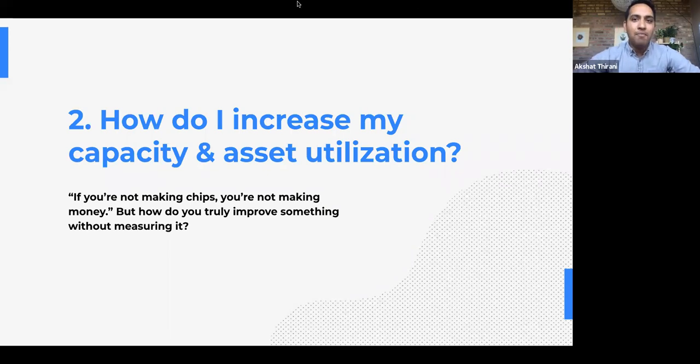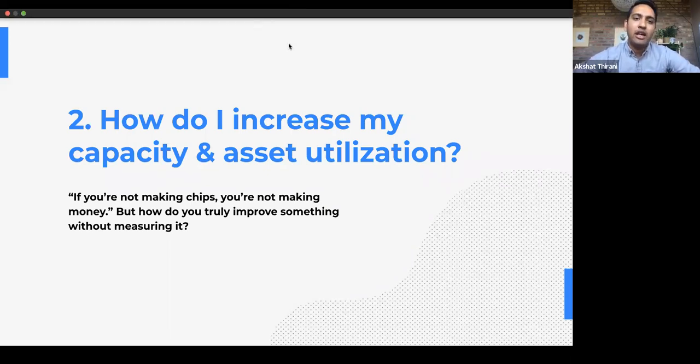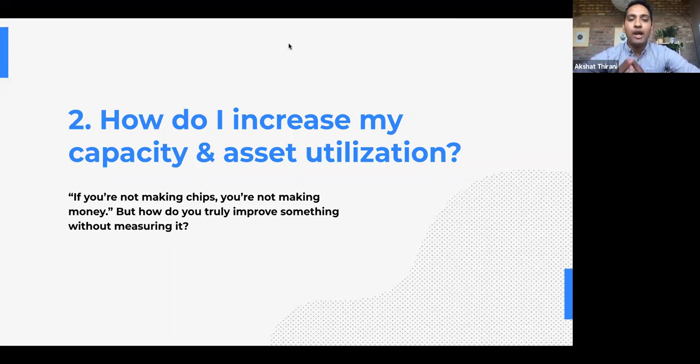Okay, the next dashboard we're going to talk about aims to answer the question, how do I increase my production capacity and machine utilization? For folks in the machining world, there's often a saying: if you're not making chips, you're not making money. And how do you really improve something like cutting time of your spindles without measuring it?